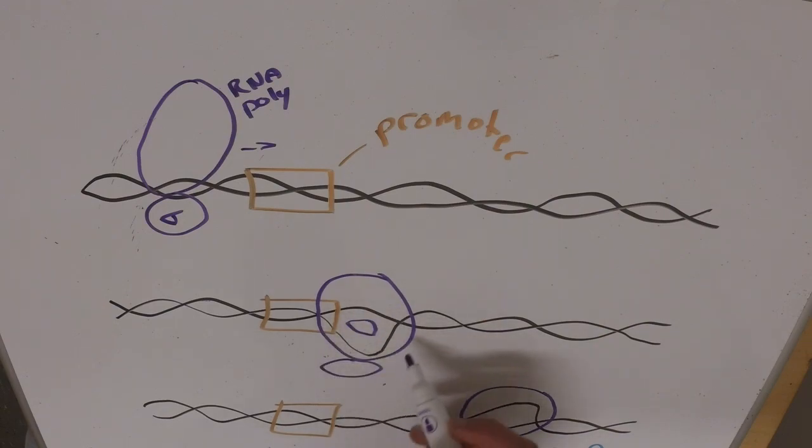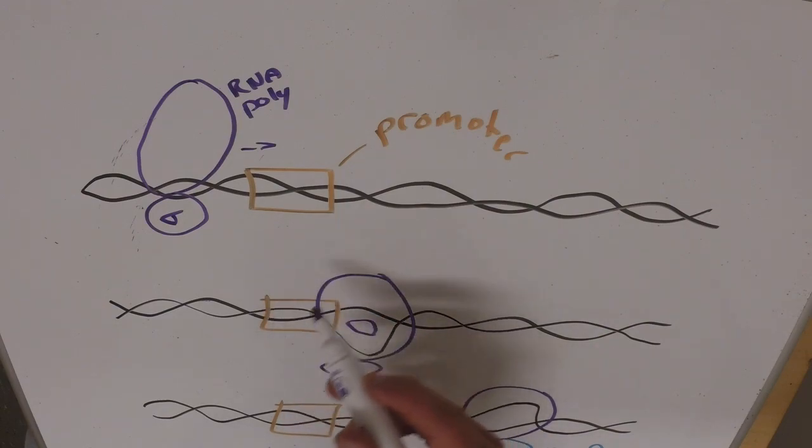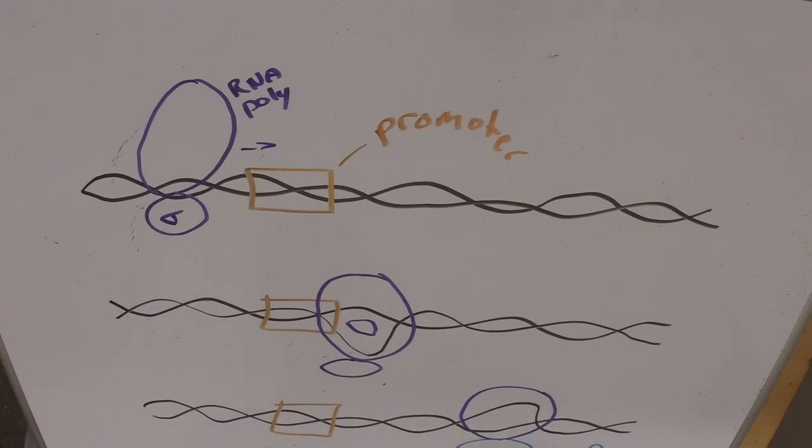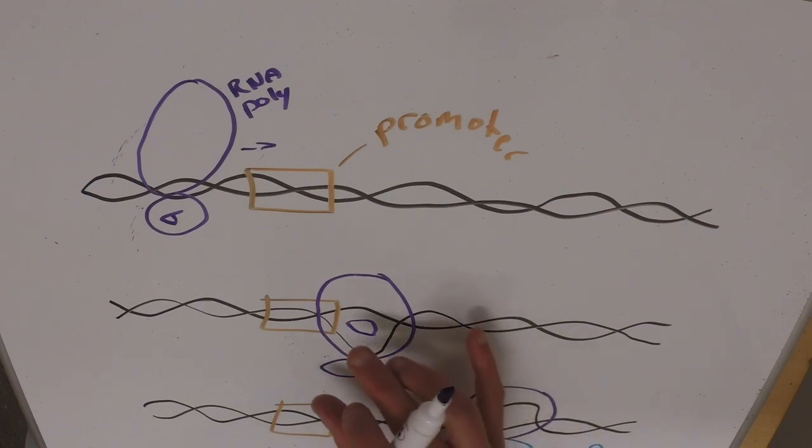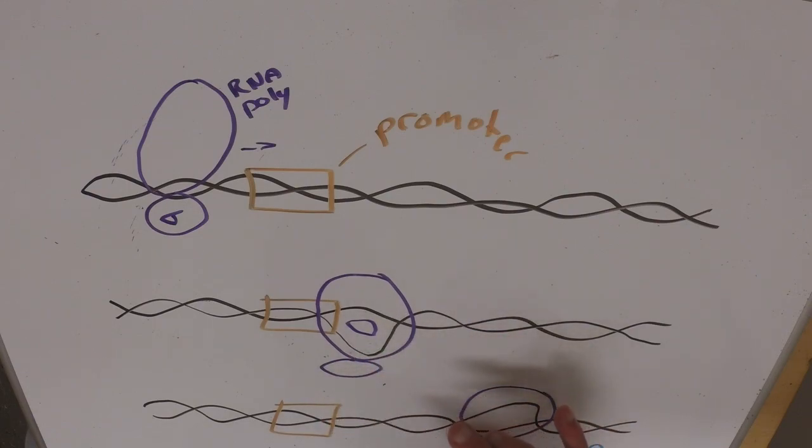So we have a transcription bubble form after the promoter has been found. It begins to unwind, and it moves from a closed complex to what's called an open complex. Transcription is initiated within the complex, and it converts to its elongation form as it moves away from this promoter. And as it enters elongation, the sigma subunit will fall off.